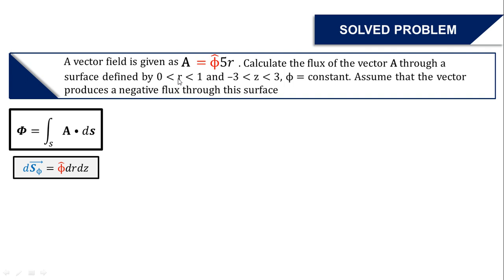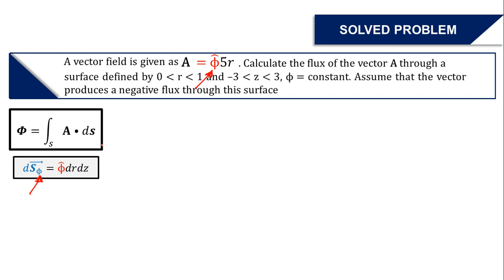And yung ating differential surface na gagamitin, ds, is with respect doon sa ating phi, kasi yung ating given nasa phi, para pag nag-dot product tayo, meron tayong makukuha. So yung ating differential surface with respect to phi is equal to phi hat dr dz. Medyo madali lang siya dahil walang complication dun sa formula ng ds.